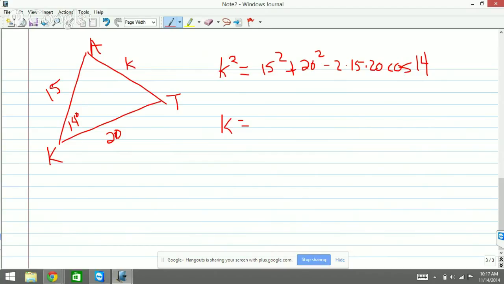No Pythagorean theorem, not a right triangle. All right, I guess we're not getting an answer there. I'm confused. It's little k.